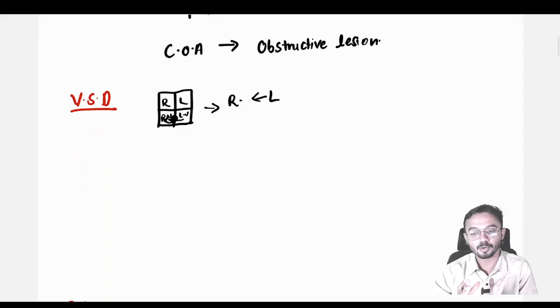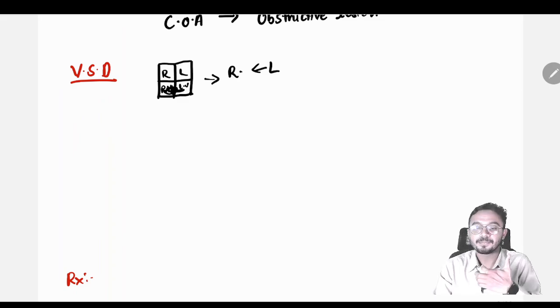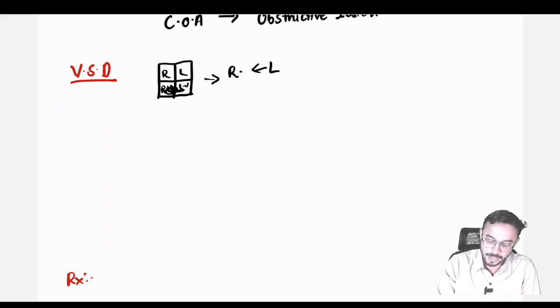VSD is an abnormal connection or gap in the interventricular septum, so blood moves from the left ventricle to the right ventricle. What different varieties are present?